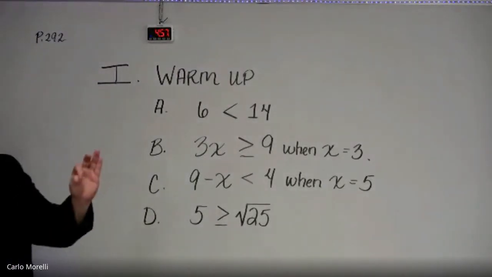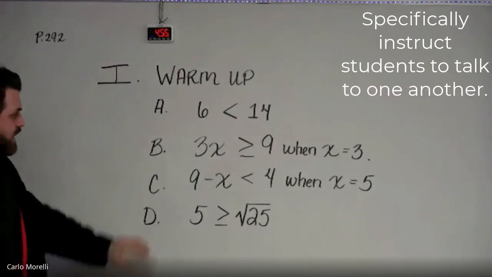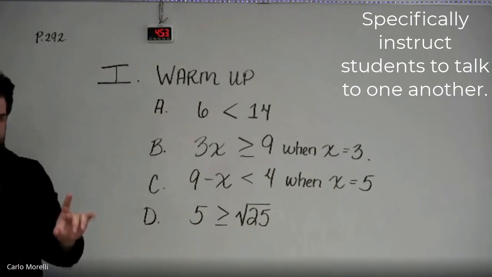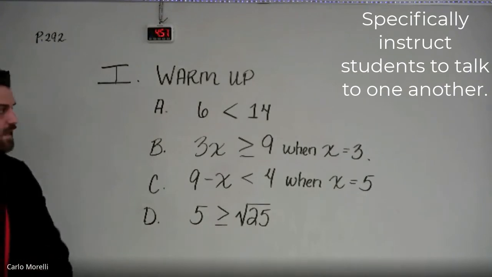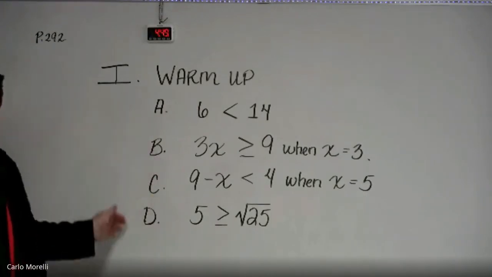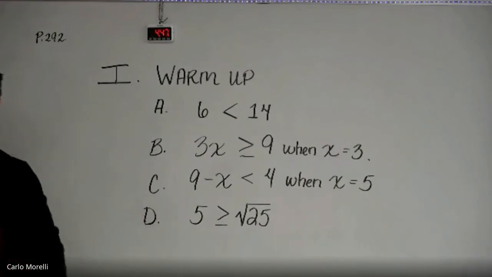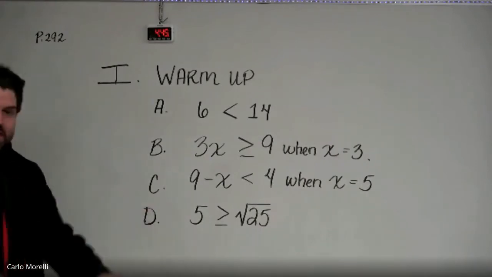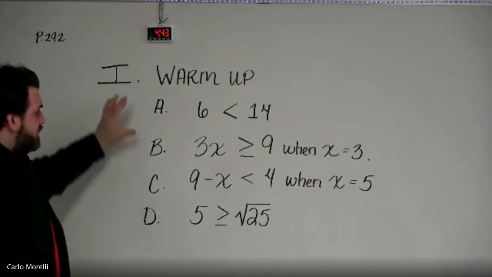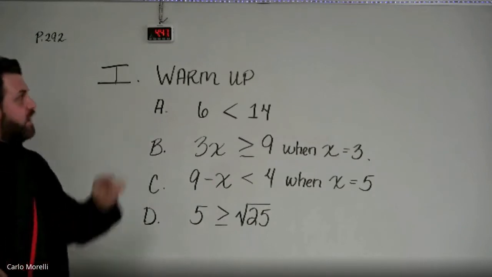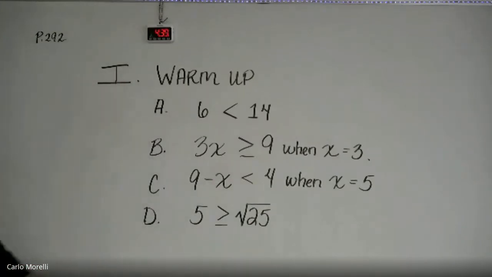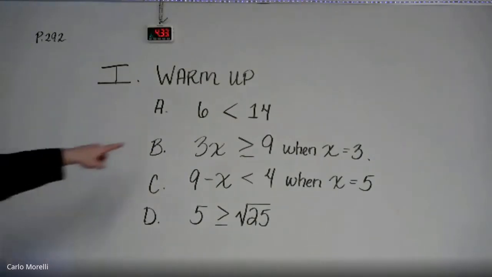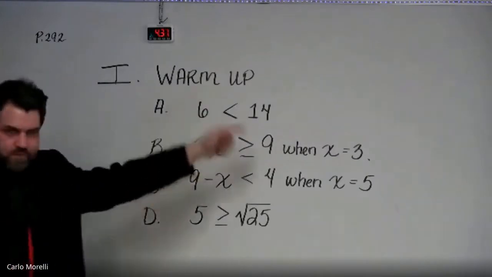I want you to talk to one another, and do your question first as a group, and then try to work together to get the other 4 answered. So everybody's going to answer all 4, but you're going to deal with your specific one. So hurry up, start talking to one another and get these answers done. Make sure you talk about what these symbols mean and you answer, is it true or false?